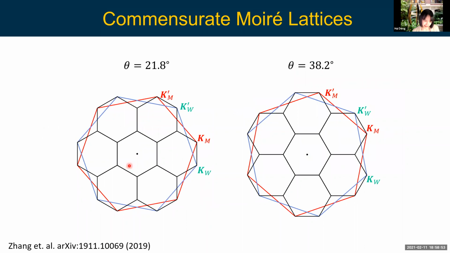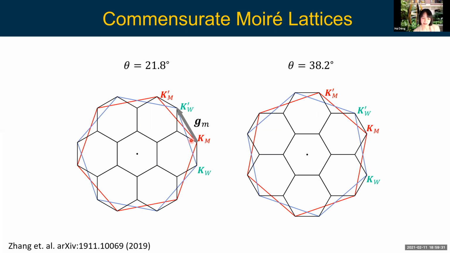And interestingly, if you go to a twist angle where the Moire lattice Brillouin zone fits exactly into the original monolayer lattice, then the corners of the two monolayers, the blue corner and the red corner, which get displaced by a large amount in K-space, now actually become two equivalent points in this black hexagon, the Moire Brillouin zone.